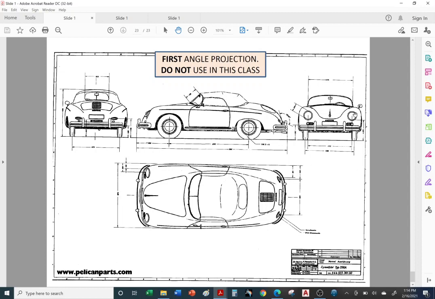The views just didn't make sense to us, and the reason was because we didn't realize we were looking at a first angle projection drawing. And again, this was a drawing from another country. Don't be surprised when you see drawings from Europe or Asia or South America where they use first angle projection. And again, you have to look at the title. Here in the title, it'll tell you what type of projection is being used.